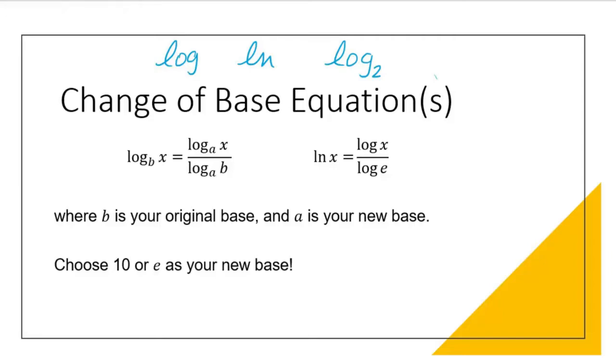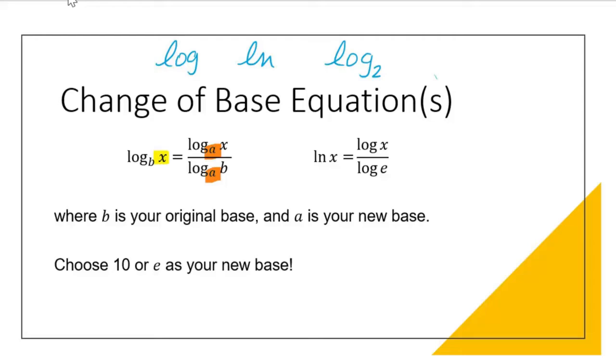So if we're asked to take the logarithm of x to the base b, but we're not happy about base b because it's neither 10 nor e, we can choose instead to take the logarithm to a new base. What we need to do here is choose a new base. The value for a will be our new base.